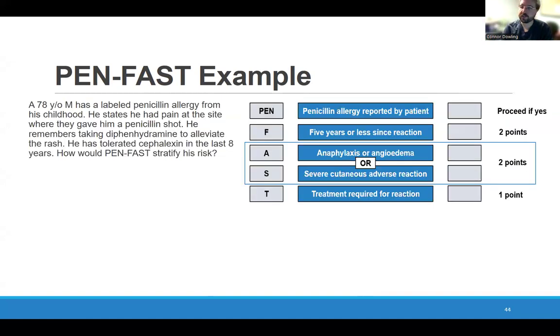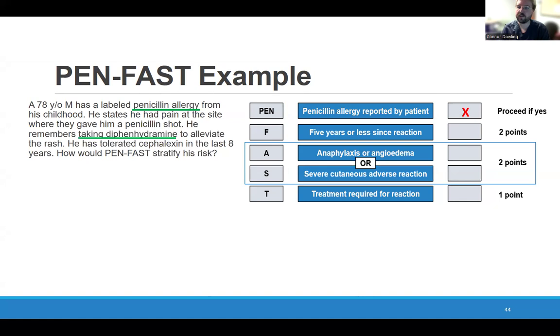And really, we would just take what we see from our patient history and apply it to our PEN-FAST checklist. So we do see that the patient has a reported penicillin allergy history, so we would go ahead and proceed with our stepwise approach. It has been more than 5 years since our reaction, so we wouldn't give any points here.